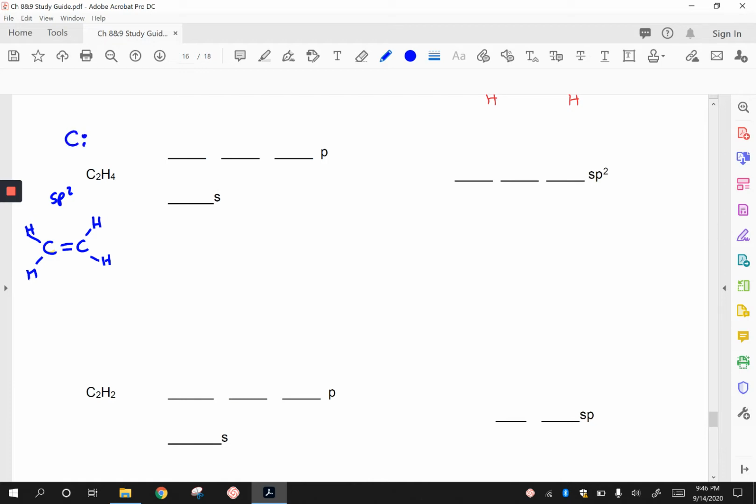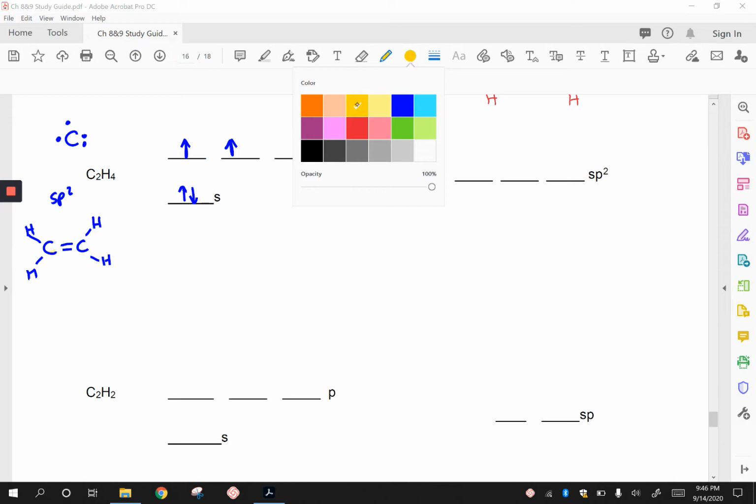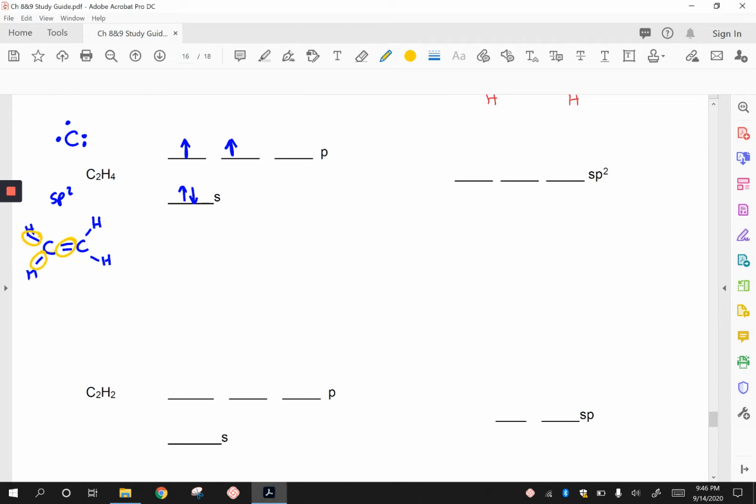So let's look at just a carbon by itself that's not bonded again. So remember, we have these 2 electrons in the s orbital, and then we have 2 electrons that are in p orbitals. So when we say there are 3 areas of electrons here, which means that we have 3 orbitals mixing, in reality, these are the 3 orbitals that mixed.